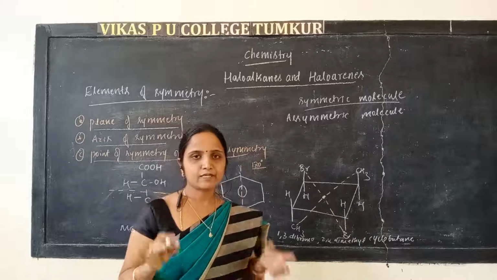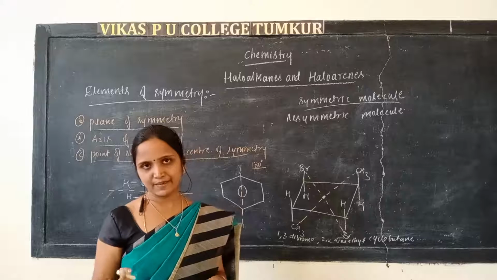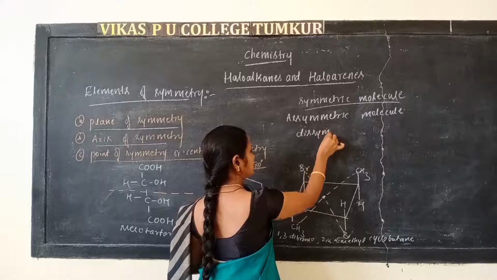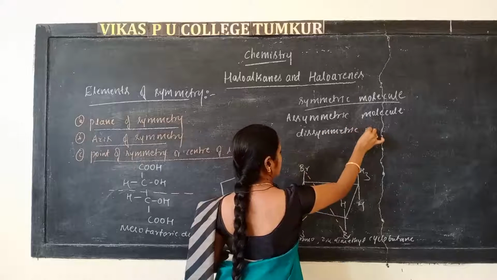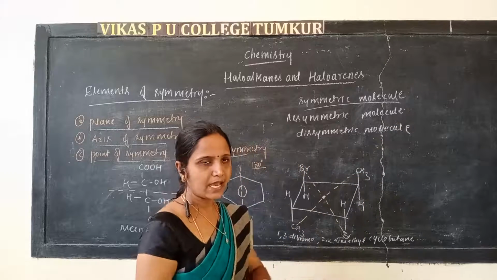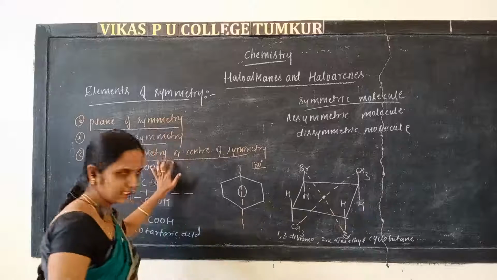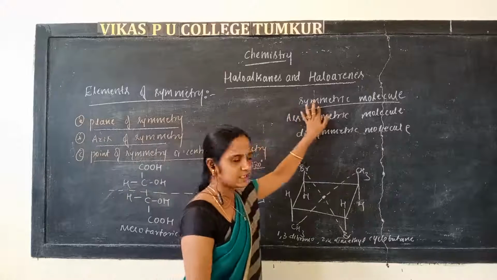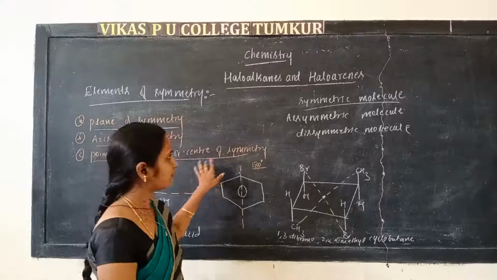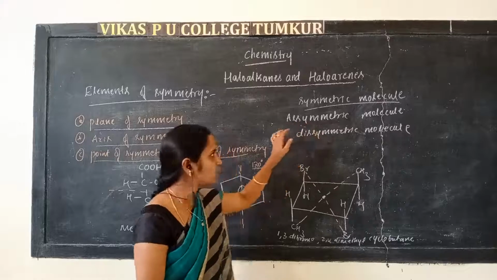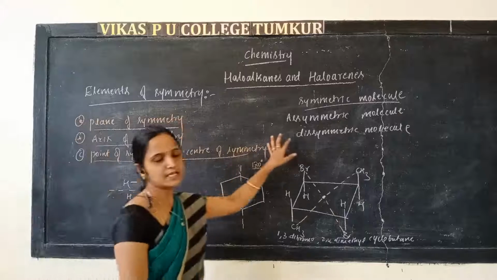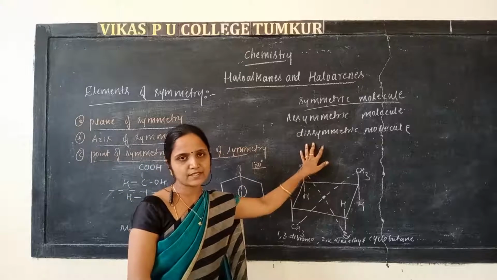A molecule which does not have a plane of symmetry, we call a dissymmetric molecule.